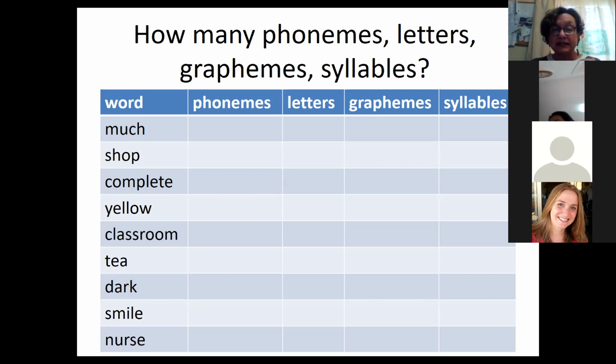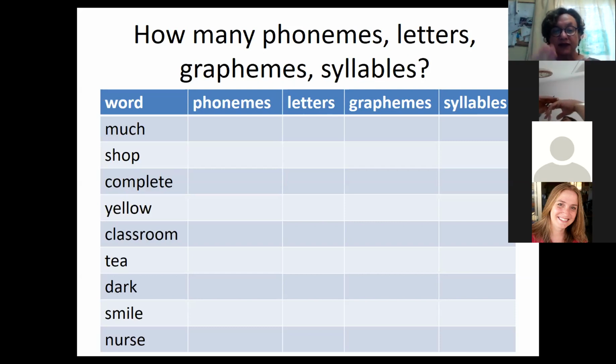Graphemes, it's the C will be a grapheme, the O will be a grapheme, the M will be a grapheme, the P, the L, and then you've got that split digraph of E and the E at the end, which is another, and the T. So that's also, what do we say, 3, 4, 5, 6, 7, okay? And syllables, com and pleat, 2 syllables, okay?